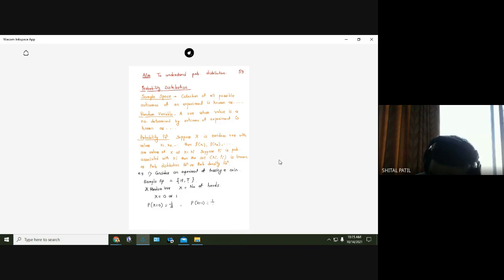Half. Then the probability distribution function is like this: X is 0 and 1, probability of X is half, half.